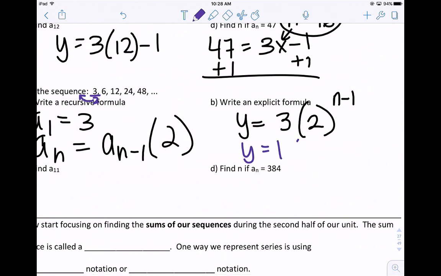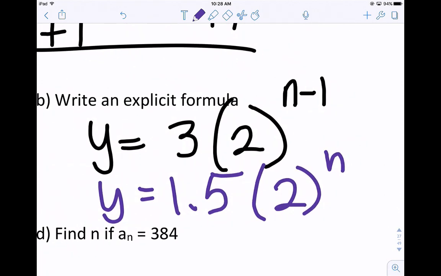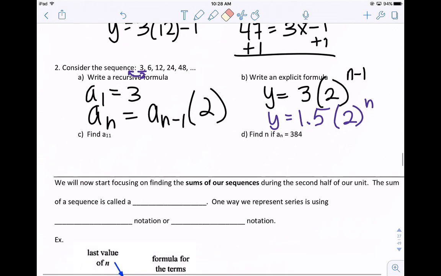So you could also say 1.5, and then this would be to the n power. So there's 2 ways to do this. So if you jump ahead a power, if you really take this as your first term, this has to be n minus 1. So you can use either one. You can use whatever you prefer.